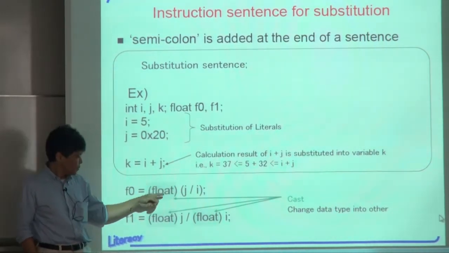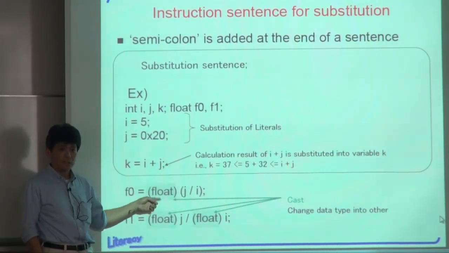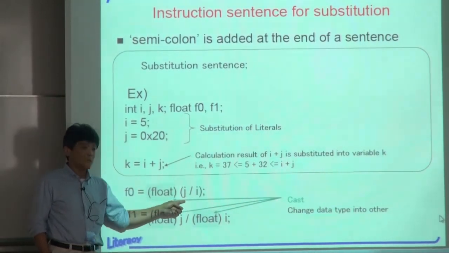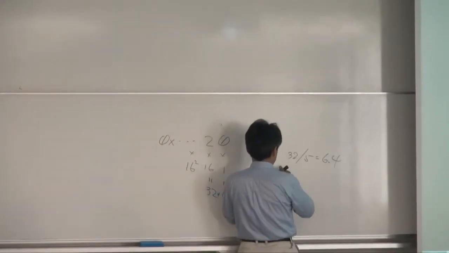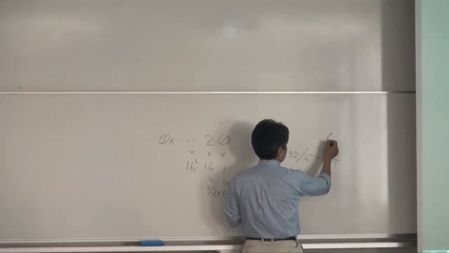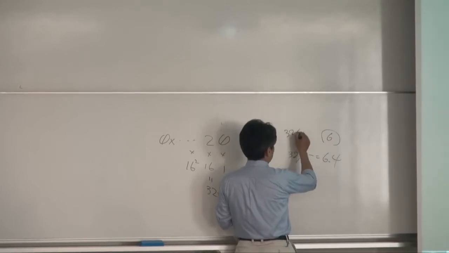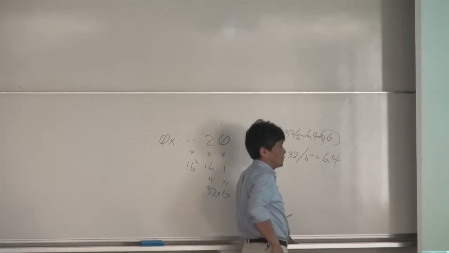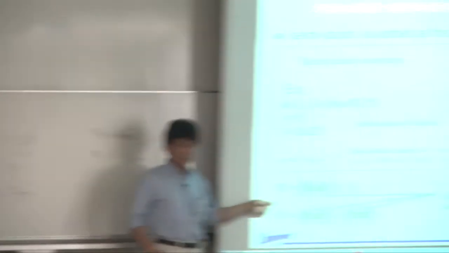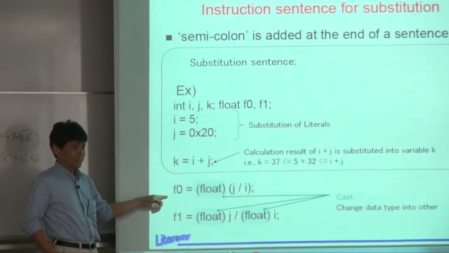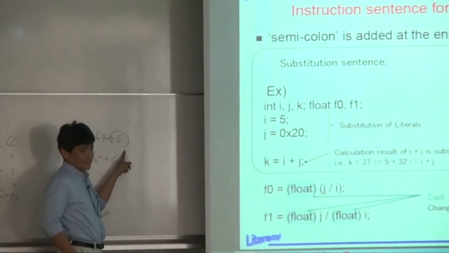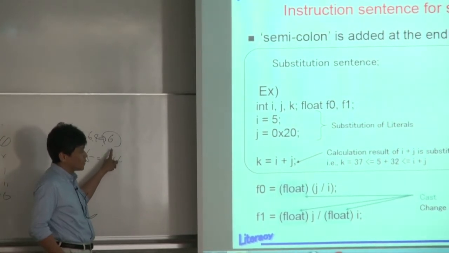Even if you use a float cast, this return value may be 6. So this variable maybe has the decimal number 6.